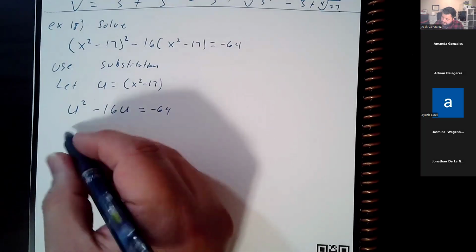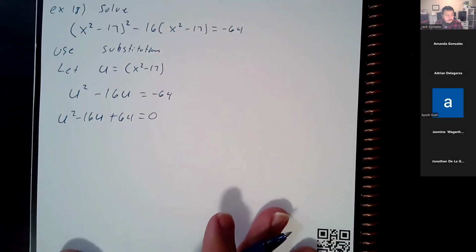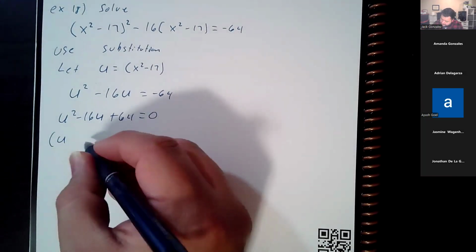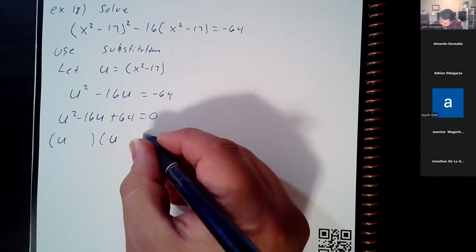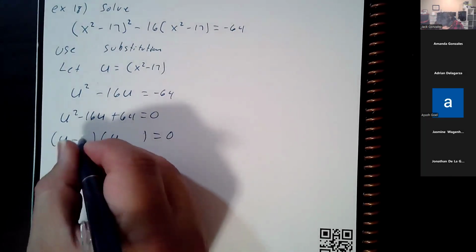So I set it to 0 and factor. What does this factor into? Yeah, it looks like 8 twice.